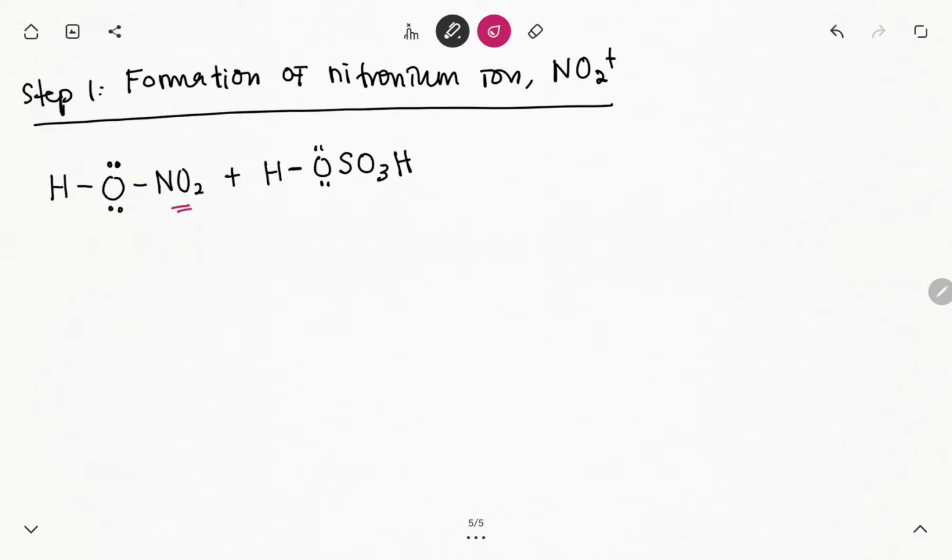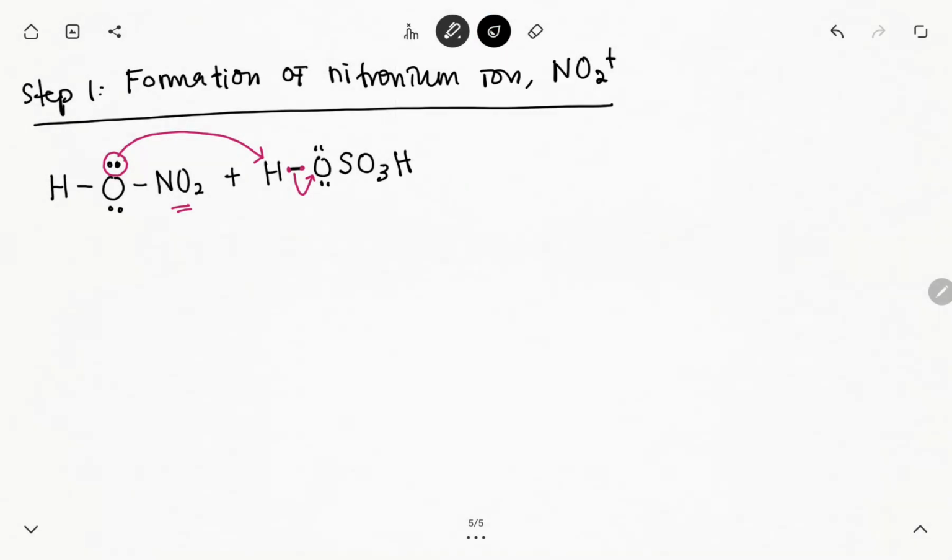So what happened? The first lone pair on the oxygen in nitric acid will form a covalent bond with the hydrogen in the sulfuric acid molecule. At the same time, the bond between H and O will break, so the two electrons go directly to the oxygen atom in the sulfuric acid molecule.